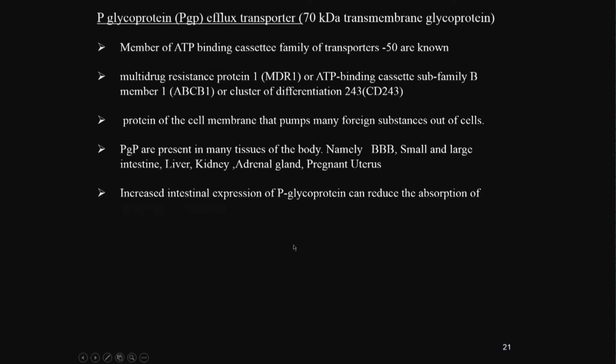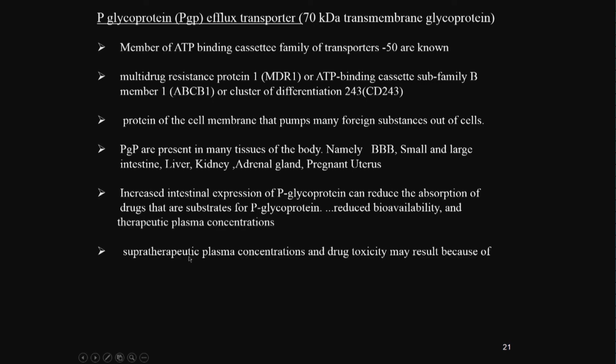Increased intestinal expression of P glycoprotein can reduce the absorption of drugs that are substrates for P glycoprotein. So, it reduces bioavailability. If a lot of PGB is present in the intestine, drugs get thrown out, so they do not get absorbed into the GI, and bioavailability of the drug may be less. Supratherapeutic plasma concentrations and drug toxicity may result because of decreased P glycoprotein expression.